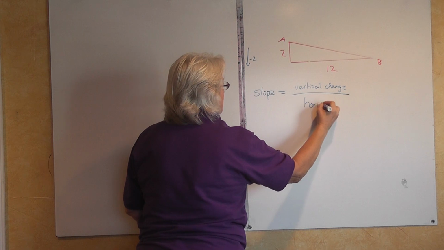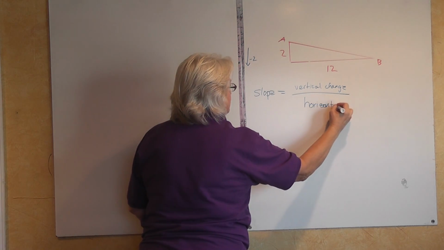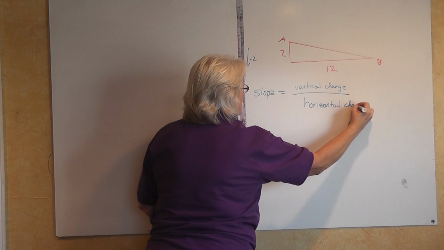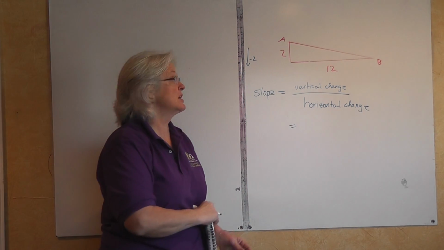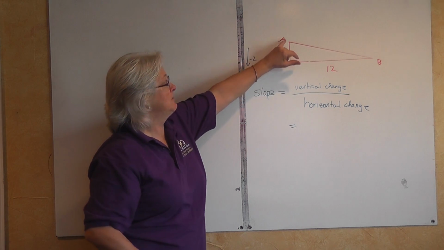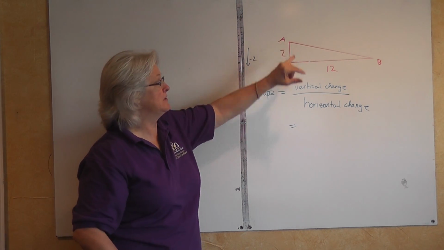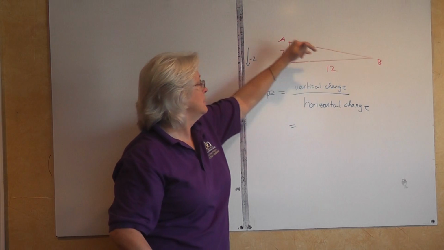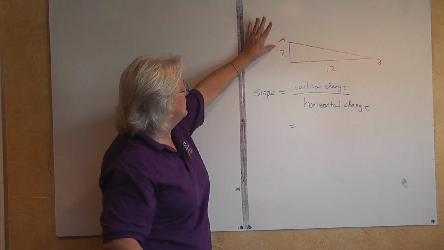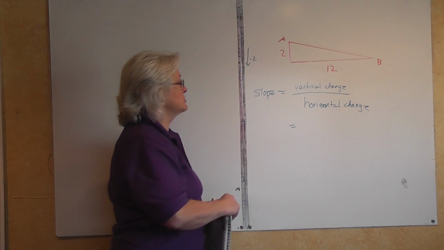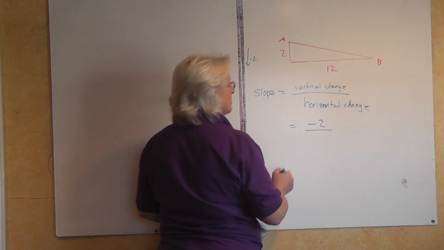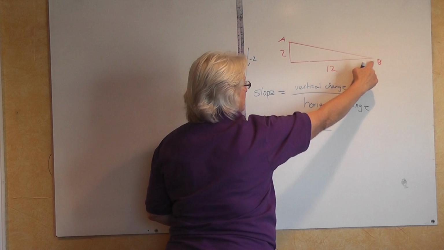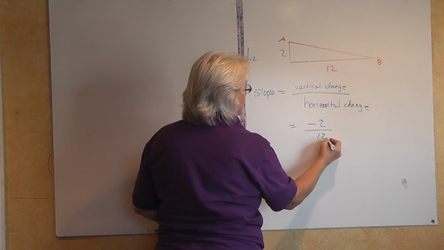So what is our vertical change? Just reading this, if this is 2 units high, by the time we get to the bottom of the hill, we have gone down 2 units. So our vertical change is a -2. Our horizontal change, starting from 0 and going to 12, is a +12.